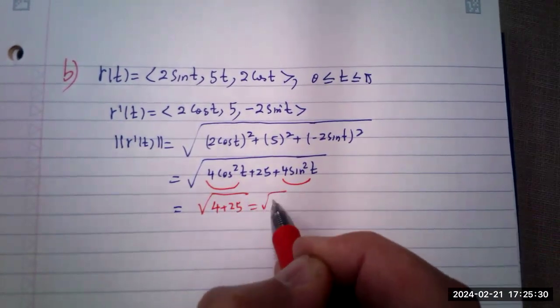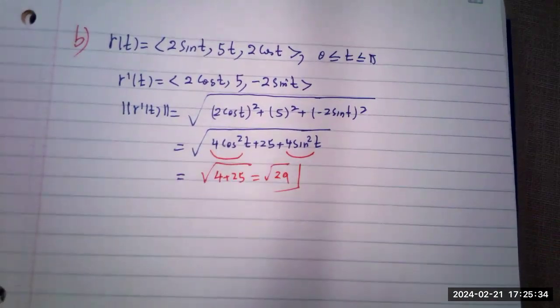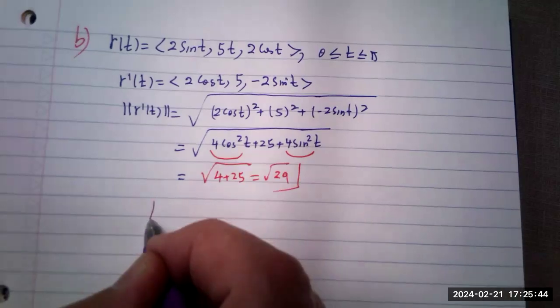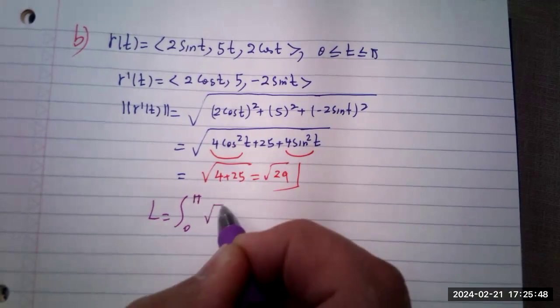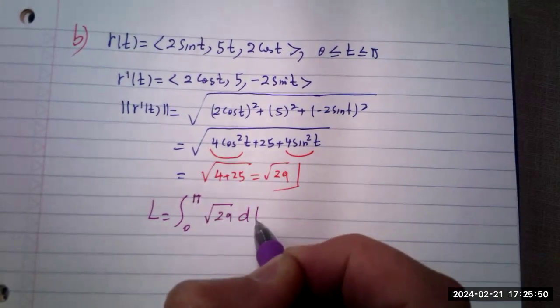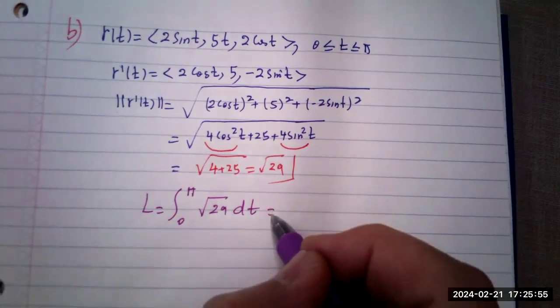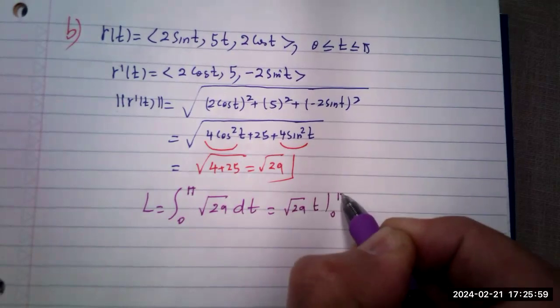So it's a helix, it's easy. The speed is always going to be just a constant, and you just integrate it. So that's it. The arc length, this time from 0 to pi, of radical 29 is simply radical 29 t from 0 to pi.